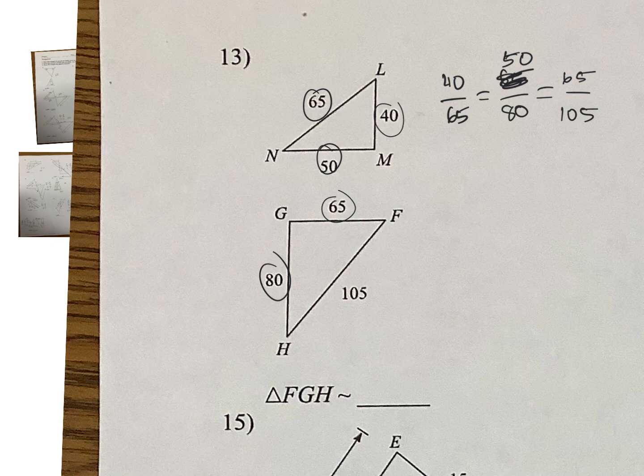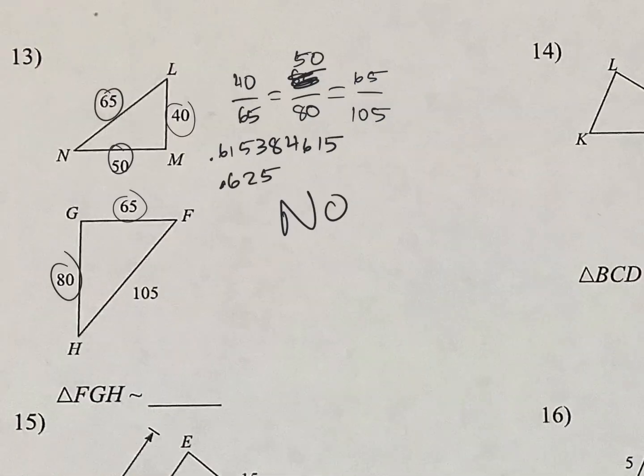Again, just use your calculators. 0.615384615. So just check the others. 50 divided by 80. That's only 0.625. So right away, no, they're not similar. So calculators are great. Small fractions, I expect you to reduce them. Okay? You can check them on your calculator, but definitely reduce them. Next, 14.